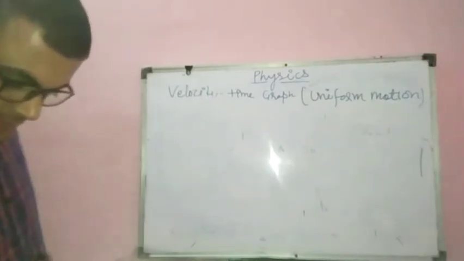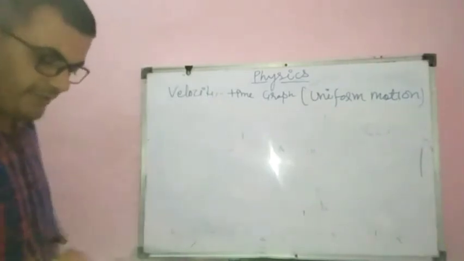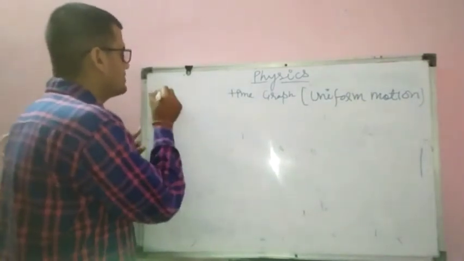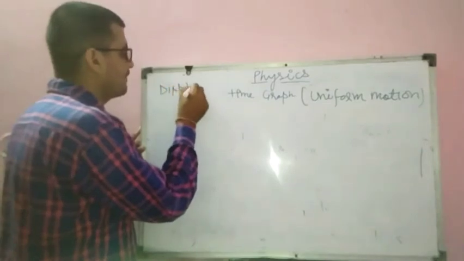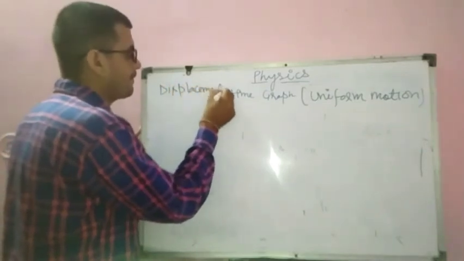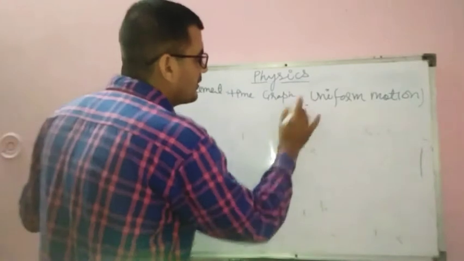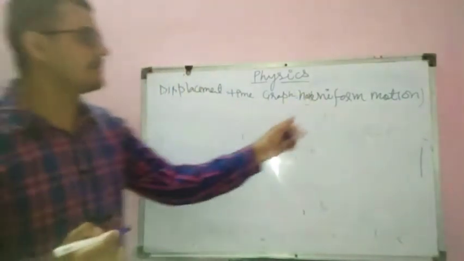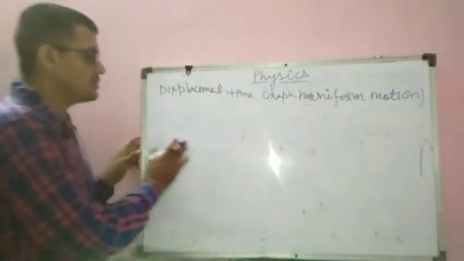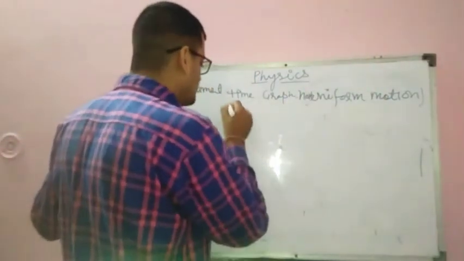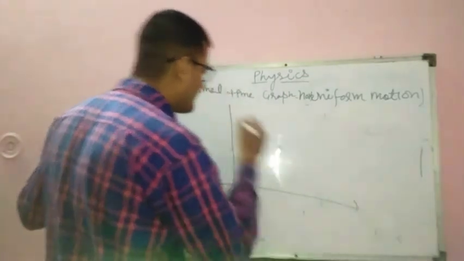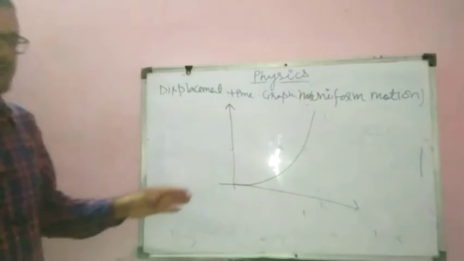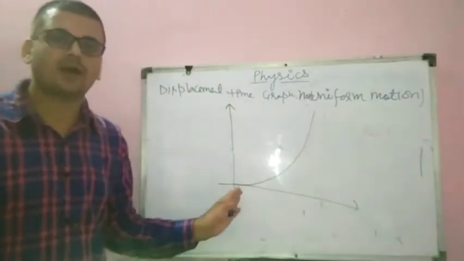Next topic is the displacement-time graph for non-uniform motion. As you know, in uniform motion the shape of the graph is a straight line, so in non-uniform motion the shape will not be a straight line, it will be in the form of a curve.